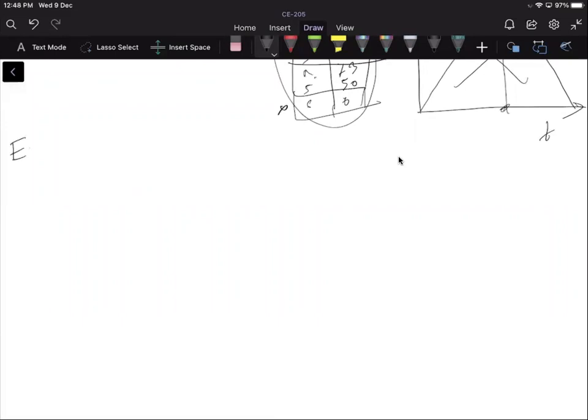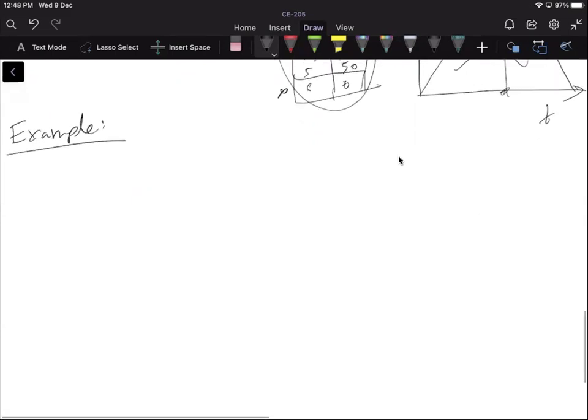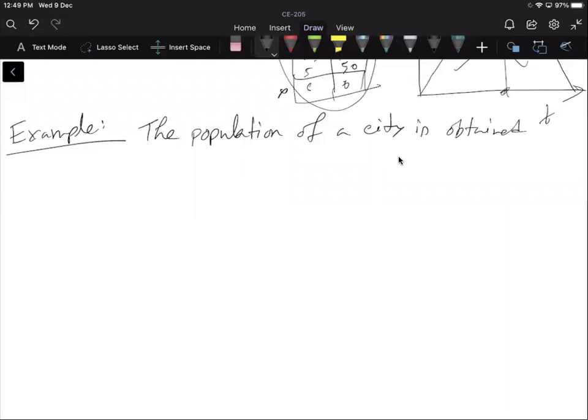Let's start a numerical example. The population of a city is obtained.